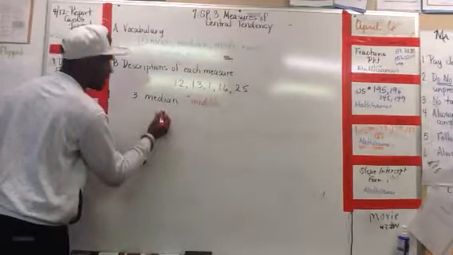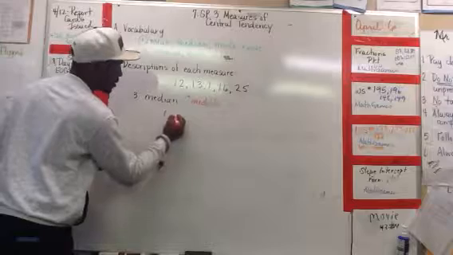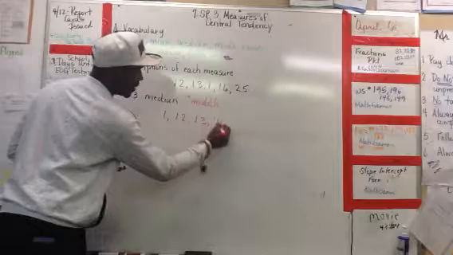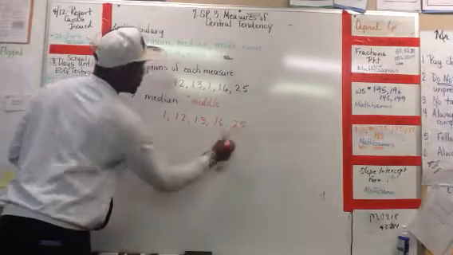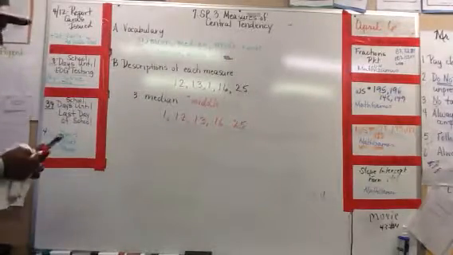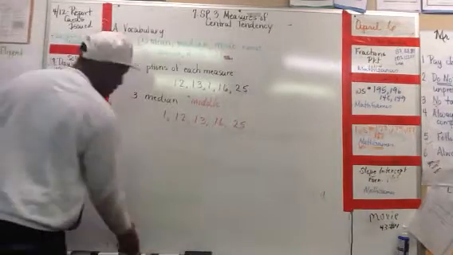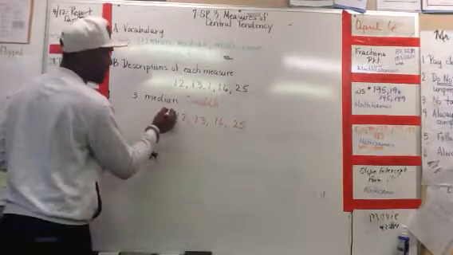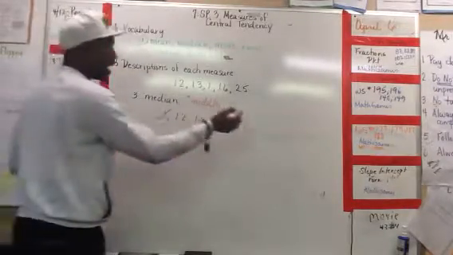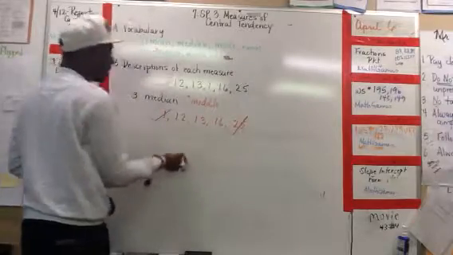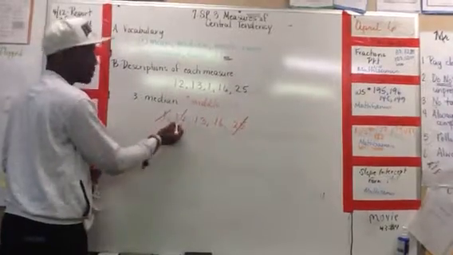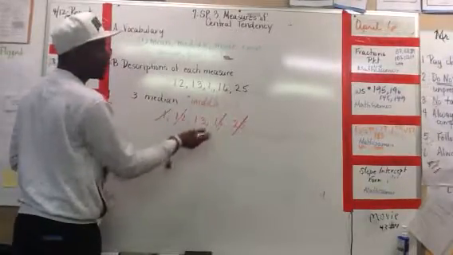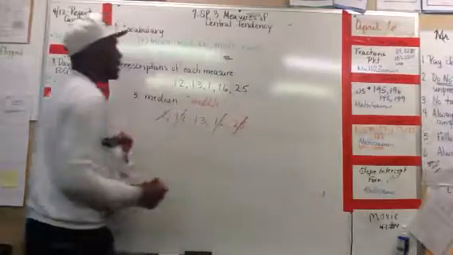So if I take these numbers and align them from least to greatest, which one's in the middle? Well, I don't know, Mr. Gray. It's hard for me to tell. Well, here's a little technique I learned when I was a kid. I'll start on the left side and mark through the first number. Then go to the back side and mark through the last number. Go to the left side and mark through the second number. And go to the back side and mark through the second to the last number. You'll repeat this process for longer sets of data.